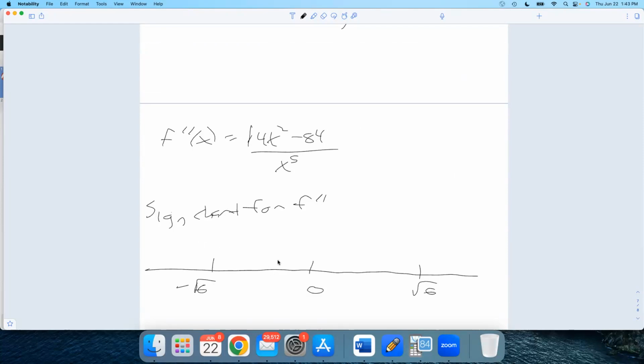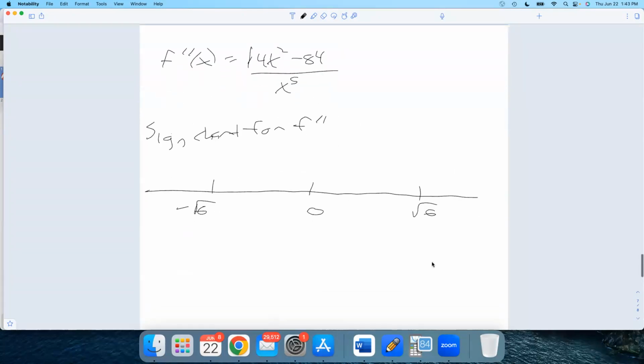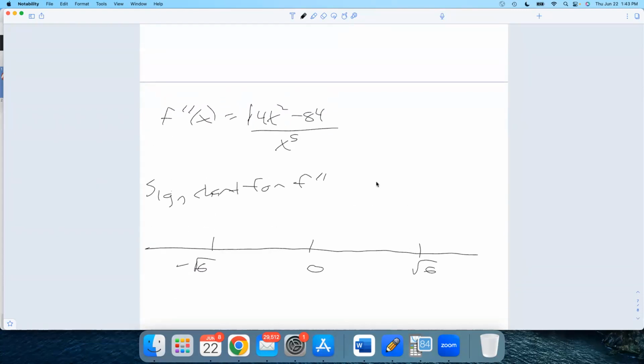So I've got 4 different regions here. And I have to find the sign, plus or minus, of the second derivative in each of those. So I think it would be easier to factor out that 14 and just look at the factors.